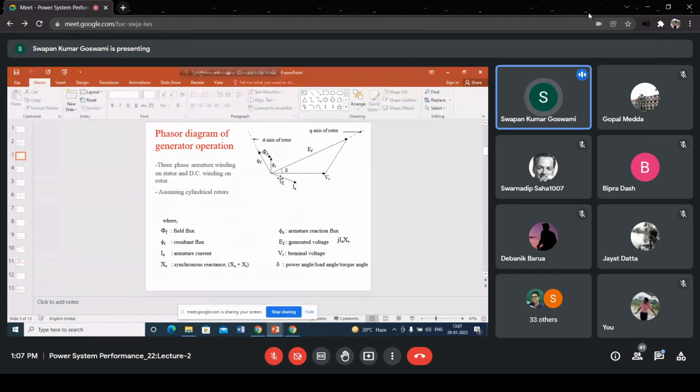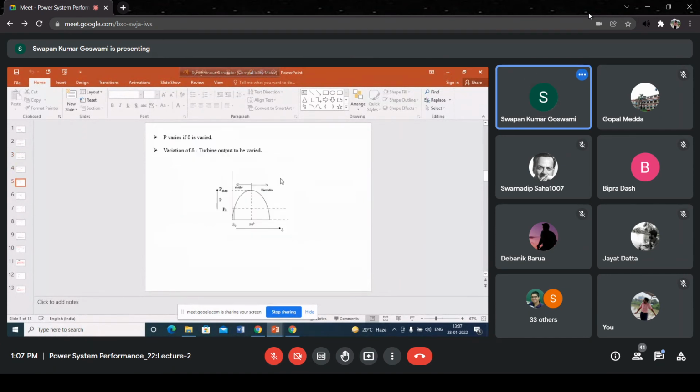That means the turbine used in a thermal power station, which is the steam turbine, and steam is the input to the turbine. That means the opening of the turbine valve has to be changed for changing the power generated by the machine. That means the turbine torque, turbine output, is to be varied, obviously by varying the turbine input.